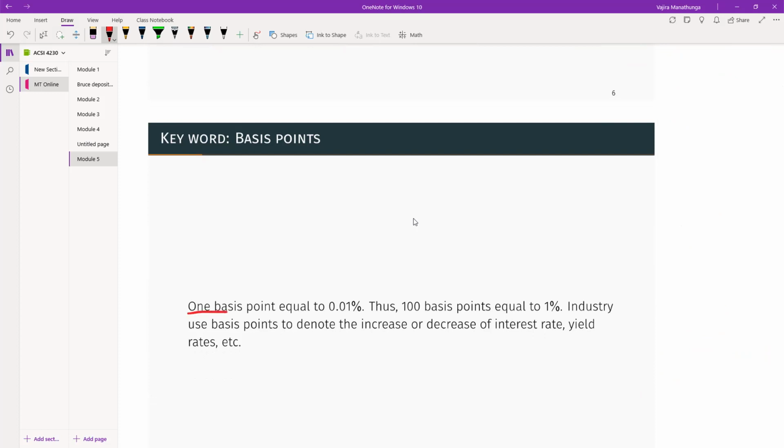In the industry, 1 basis point equals 0.01%. That means 100 basis points equal 1%. So the industry uses basis points. You will see BP, basis point, to denote the increase or decrease of interest rate, yield rate, etc.